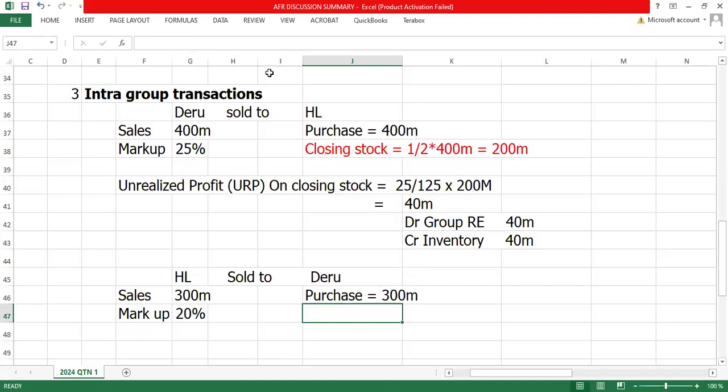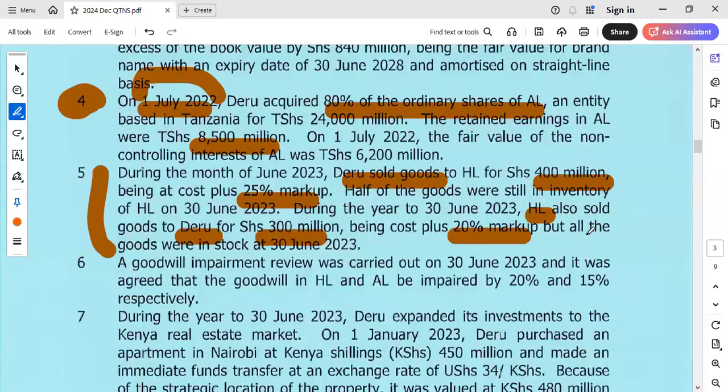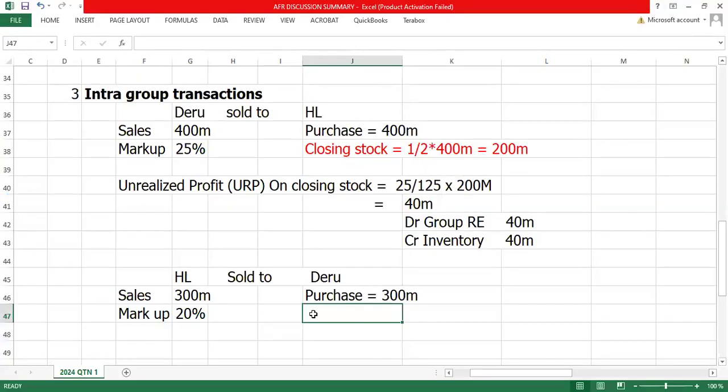Then what are we told? All the goods were in stock as at 30th June 2023. So it means that all of this is closing stock. Closing stock is 300 million.